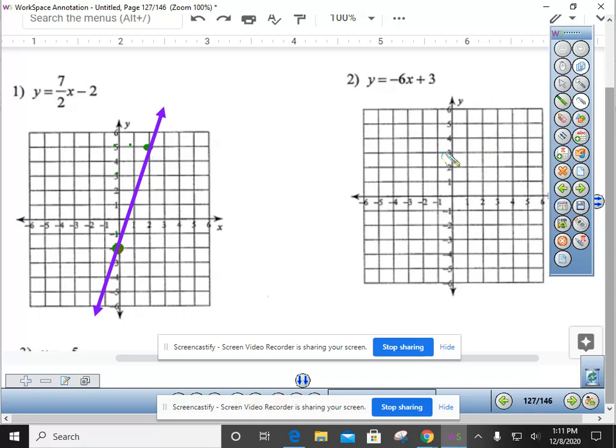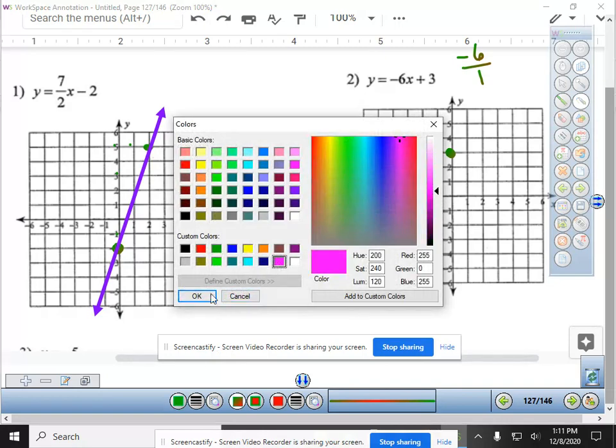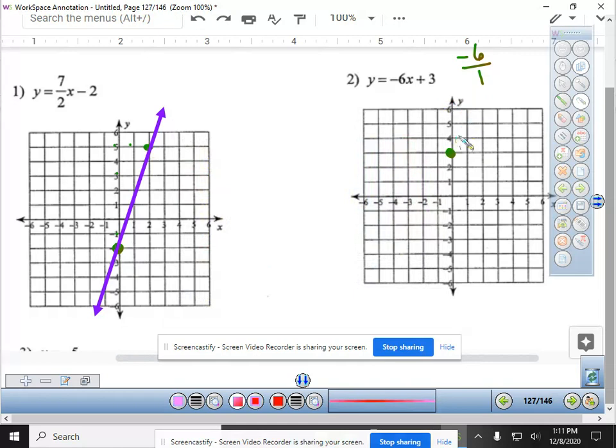What about number 2? Positive 3, put a dot. What is your slope? Negative 6 over 1. I'm going to change my color to make it brighter where we can see it better. Negative 6 over 1.